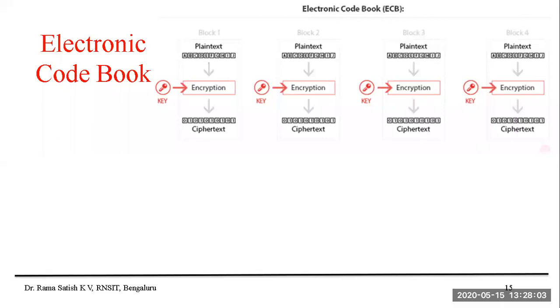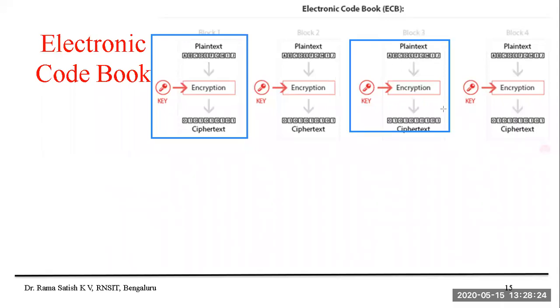Maybe he can hack. That is the biggest problem. So electronic code book is nothing but the entire process of converting plain text into ciphertext using blocks of code. This is one block, this is another block, and this entire block-wise conversion we call electronic code book conversion.